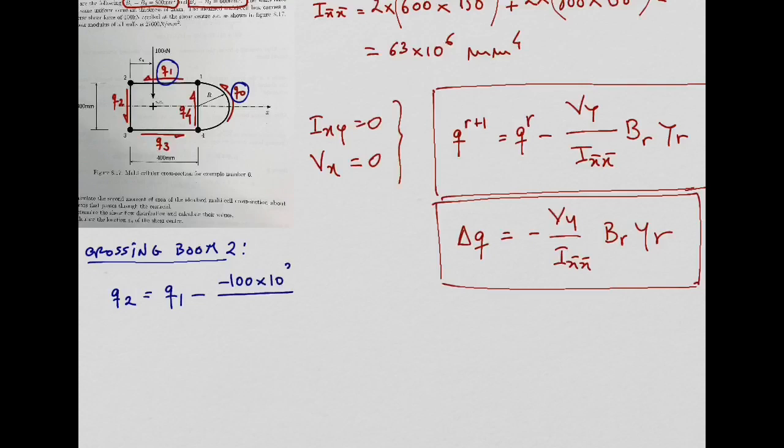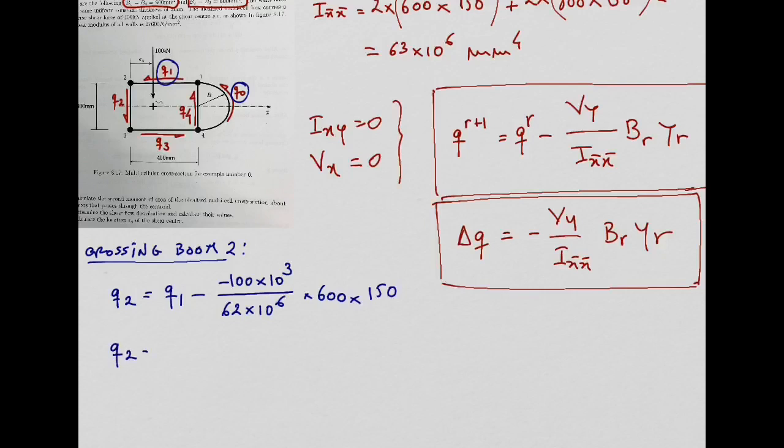Let's convert 100 to newtons. Second moment of area is 63 times 10 to the power 6. Area of the boom being crossed: we are crossing boom number 2, and the area of boom number 2 is 600, so times 600. Distance of boom number 2 to the neutral axis is 150, right? So times 150.